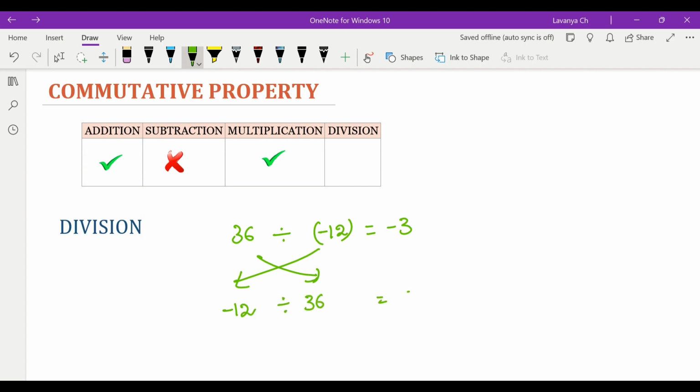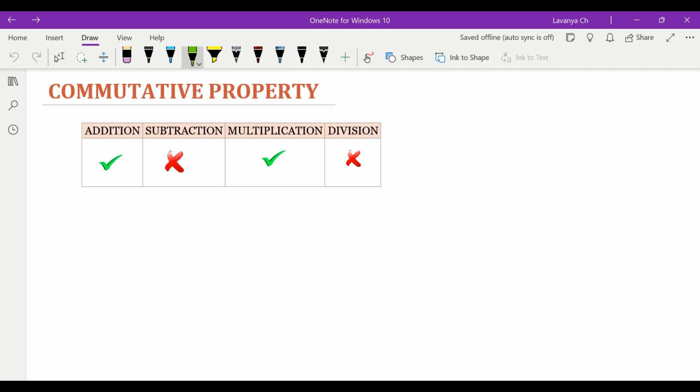This results in negative 1 by 3. Here we can clearly observe the difference. It is negative 3 here, and negative 1 by 3 here. They are not the same. So division of integers is not commutative. To summarize the commutative property for integers, addition and multiplication of integers is commutative, whereas subtraction and division of integers is not commutative.